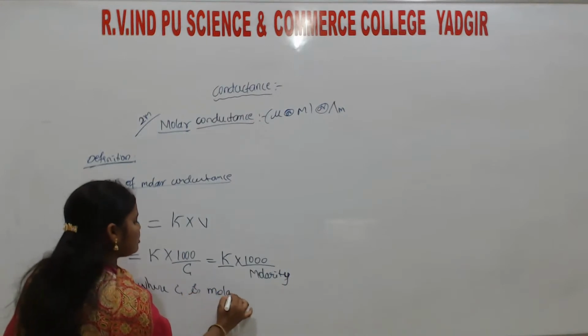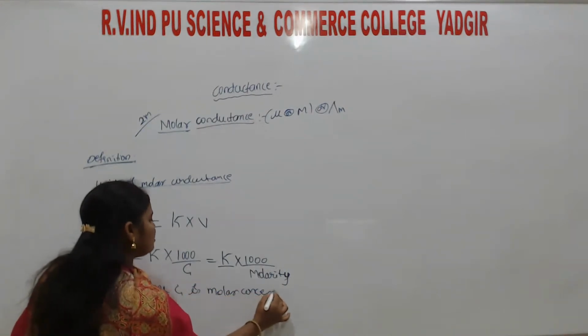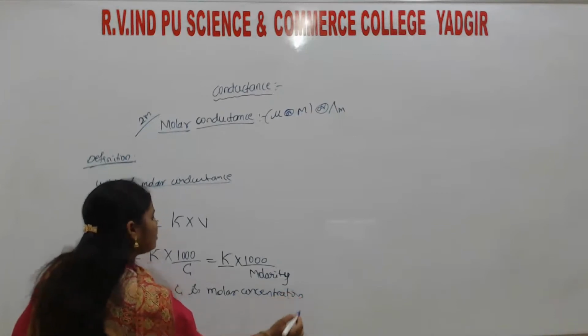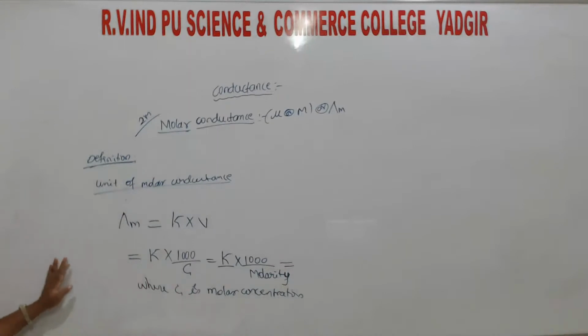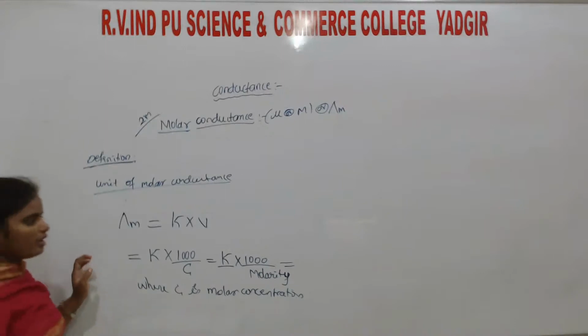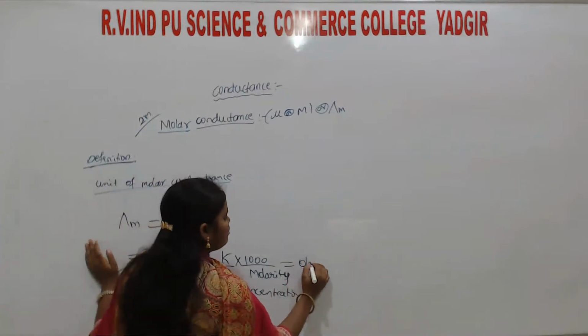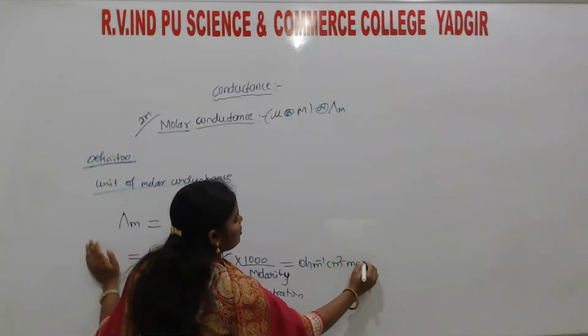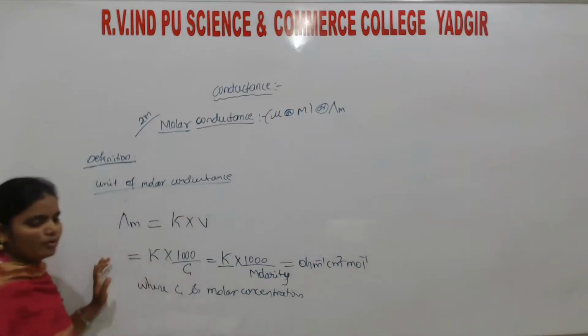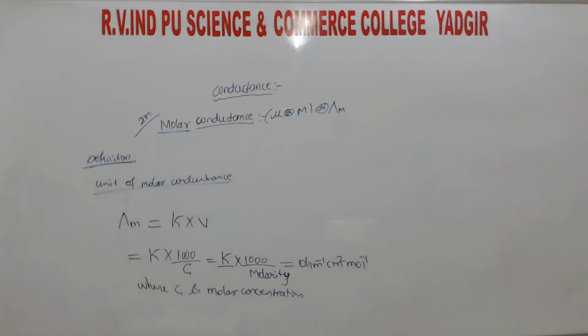Finally, you get the unit of molar conductance, that is, Siemens centimeter square per mole. So this is the unit of molar conductance.